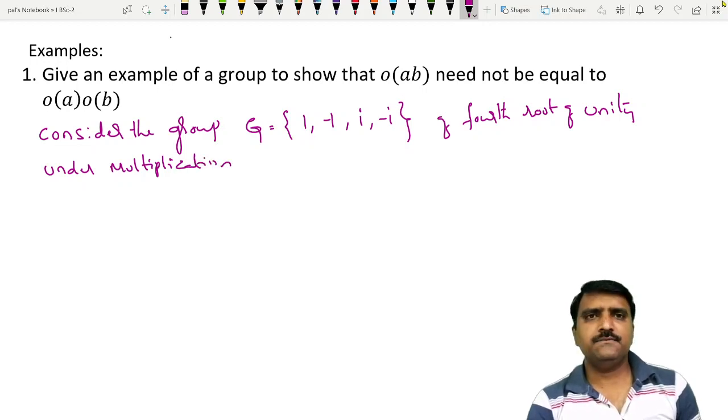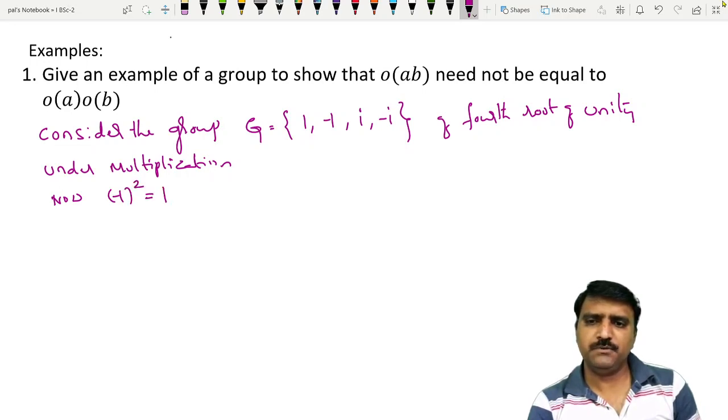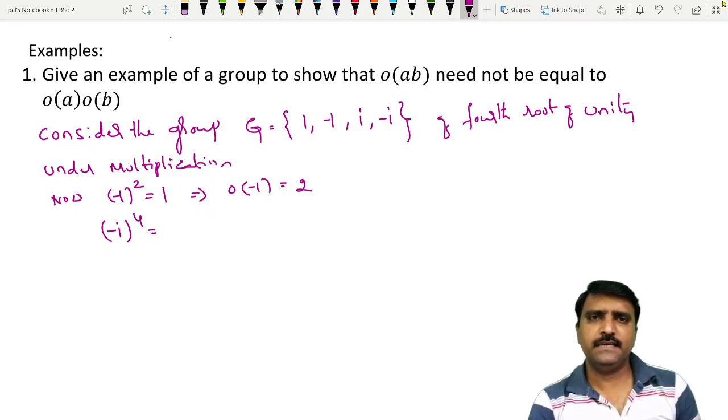In this one, now you take an element minus 1. What is minus 1 to the power 2? Minus 1 to the power 2 is 1, which implies that order of minus 1 is 2. And you take minus I to the power 4. Minus I to the power 4 can be written as minus I whole square into minus I whole square.